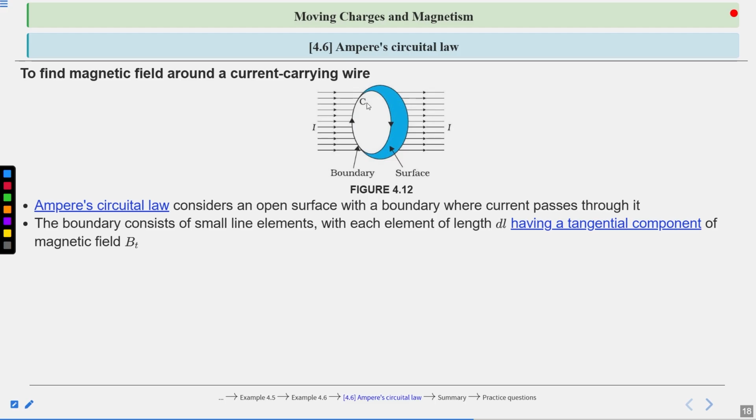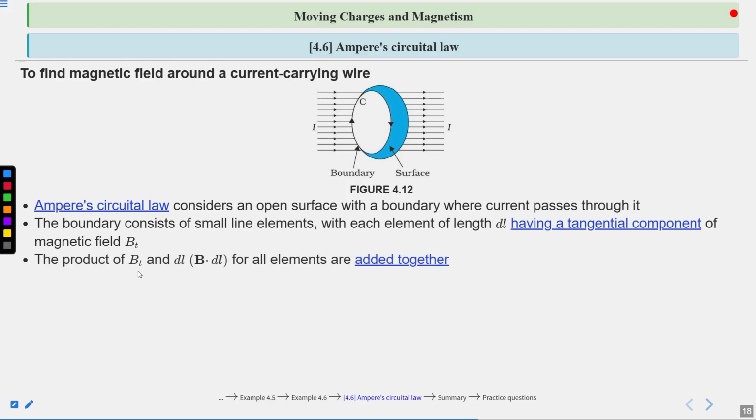You can divide this boundary into small line elements, with each element of length dl having a tangential component of magnetic field Bt. At each very small length element dl, there is a tangential component of magnetic field Bt.